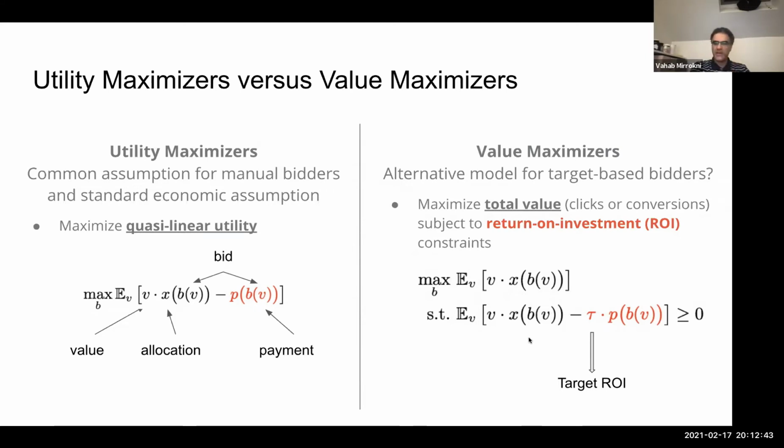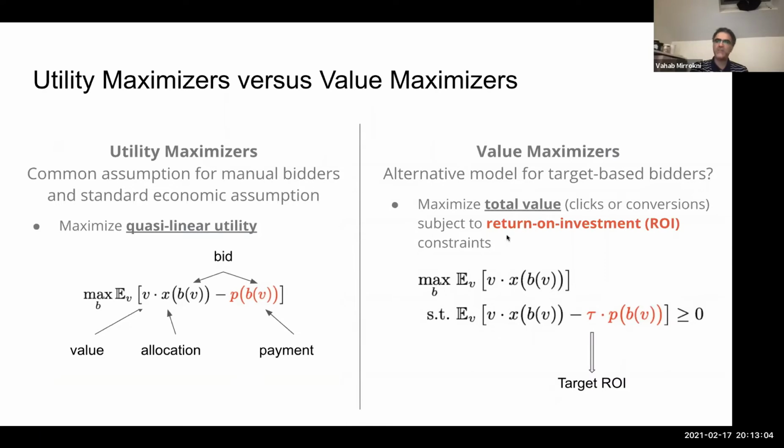So in the context of target-based advertising, the advertiser or the buyer has basically an average type constraint, that the value minus the target return on investment times the payment should be greater than 0.